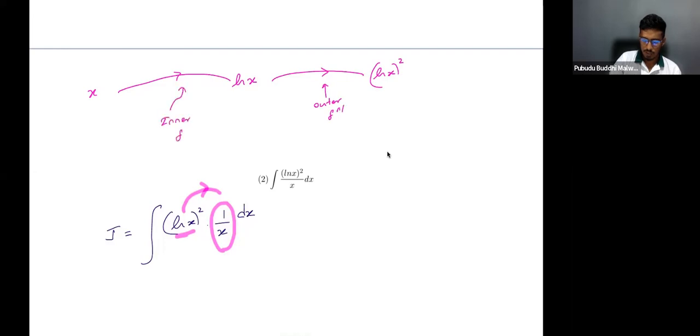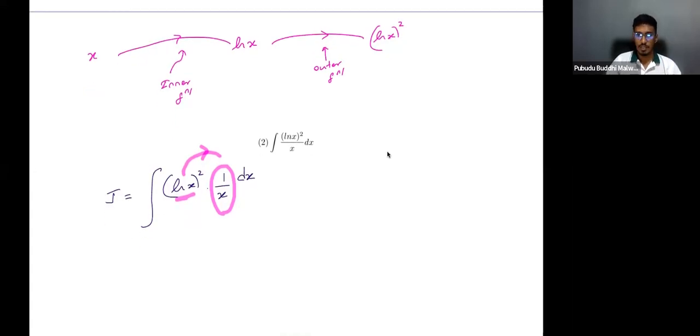More often we use a substitution for the inner function, that is natural log of x. You can confirm that by writing 1 over x as the derivative of natural log of x, like this. This pattern is quite important.